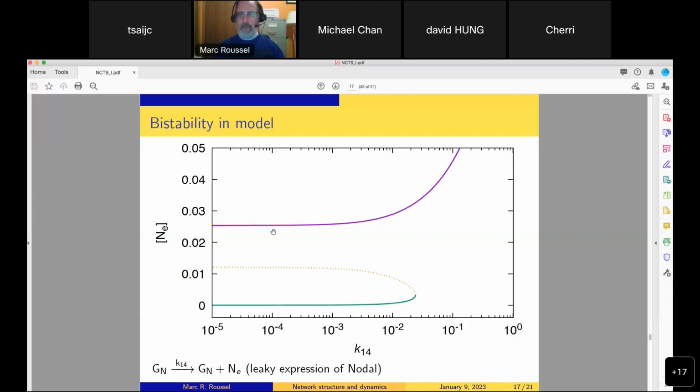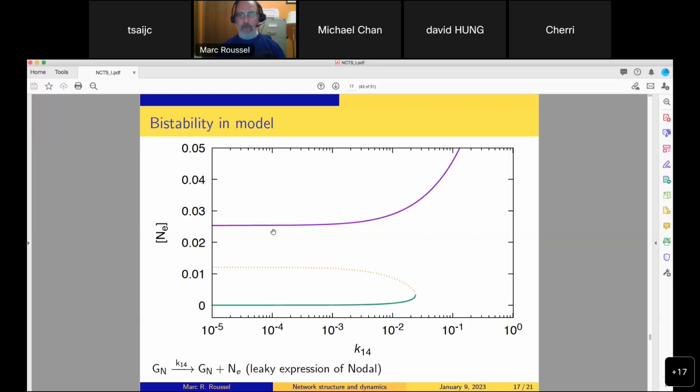That was an interesting thing because you always have to worry about the fact that control of gene expression is not perfect. So how robust is this thing to some leaky expression of nodal? Because normally you would only want nodal to be made when that SMAD2, SMAD4 complex is bound to the promoter for nodal.